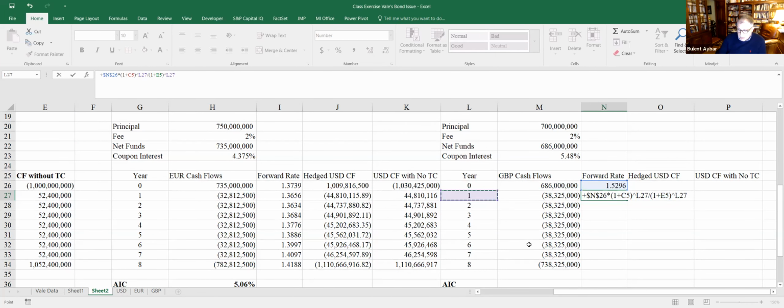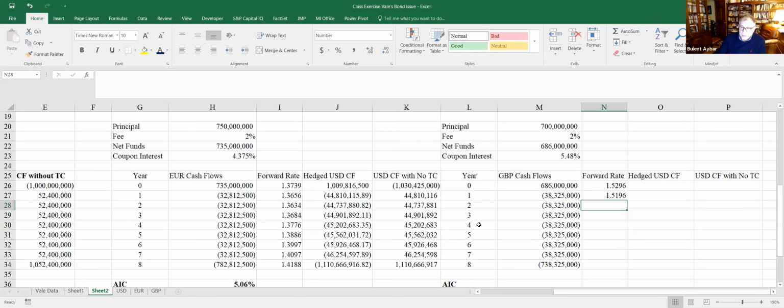So I get 1.5196 for the 1 year forward rate. And if I copy this through, I will get the 2, 3, 4, 5, 6, 7, 8 year out forward rates.